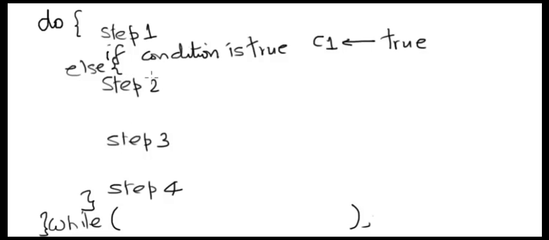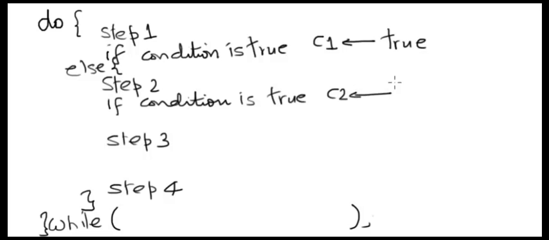And we do similar things here. If some other condition is true, we set C2 to true. Else, we put the rest of the loop, the rest of the steps under the else part.